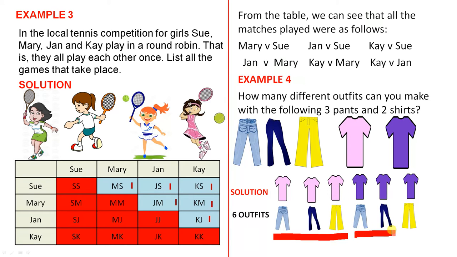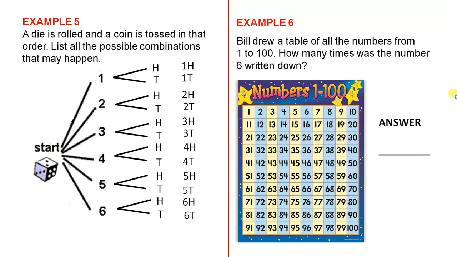Then you put the 3 pants down again and you can have that coloured shirt with each of them. So altogether you've got 1, 2, 3, 4, 5, 6 different outfits. And that's what the question was asking.